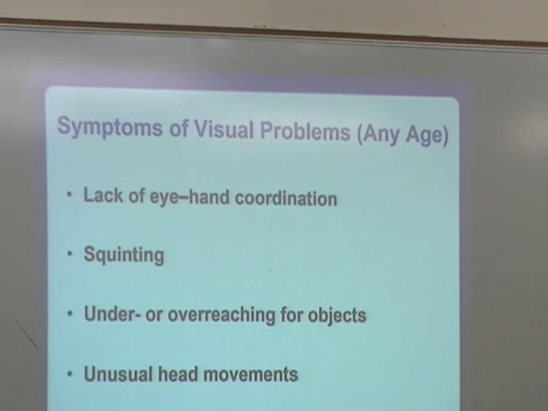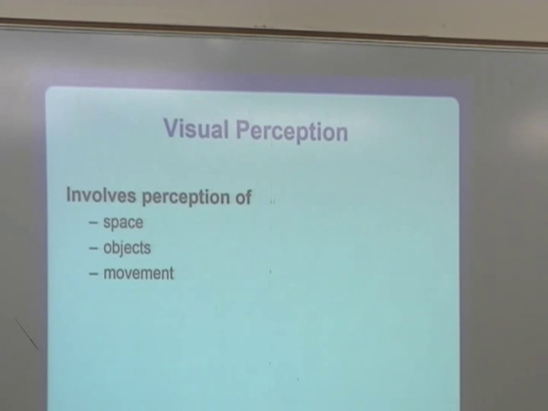It was very hard to get him to try to practice catching, even with noise. You know, if I add noise to the ball, put bells on it, or do something like that, it's still difficult to motivate a child who's got visual problems to move.